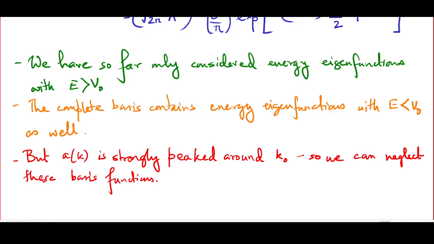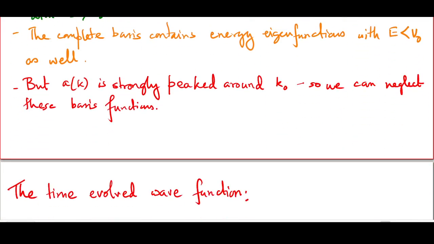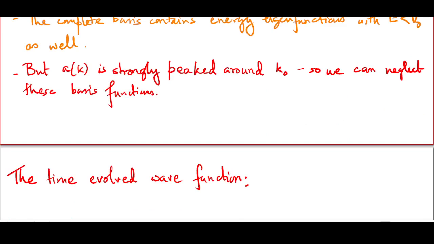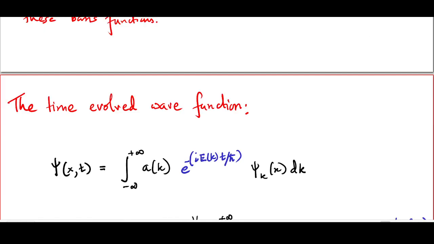So now that we have the expansion coefficients in terms of the energy eigenfunctions, we can find out the time evolved wave function by just plugging in the time dependent phase factor e to the minus iEt by h cross. So that's all there is to it. Psi of x, 0, the initial wave function, was the integral from minus infinity to plus infinity of a_k psi_k(x) dk.